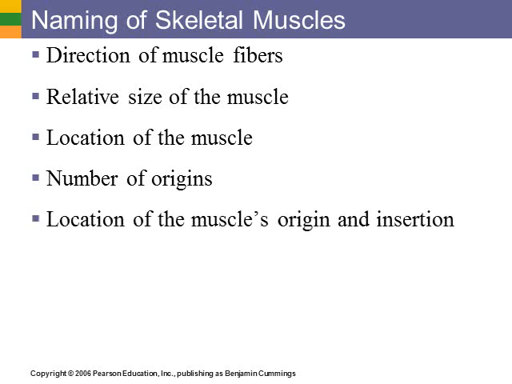Now sometimes muscles are named by their origin and insertion. An origin is the point of attachment that is the least movable point. So again, if you were doing a bicep curl, the two heads of the bicep muscle are located on the upper part of the arm, on the shoulder, and the insertion is going to be the most movable part, where it goes all the way down, attached to the radius.